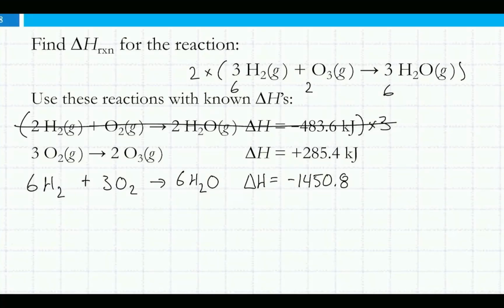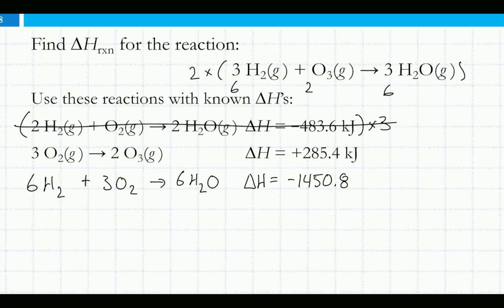Okay, so I've got the right number of hydrogens, and the right number of oxygens. Is O2 in my final reaction? No. But O3 is, and O3 is a reactant, but in my reaction, O3 is a product. So that one we have to flip. Is there another thing we have to do to it?